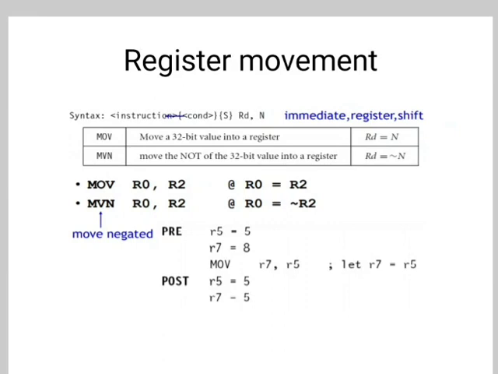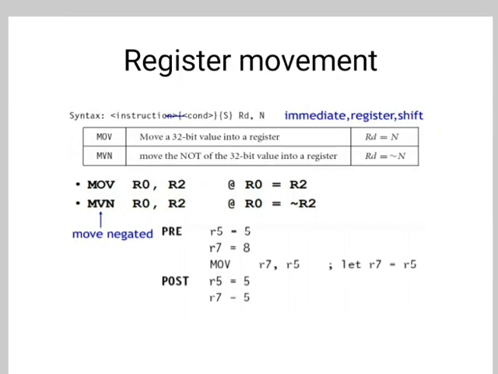So next, in data processing, the next type is register movement operation. Here the syntax is given: instruction, condition, register, immediate or register with shift.